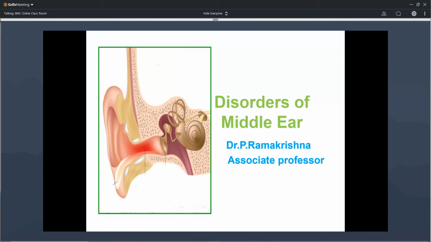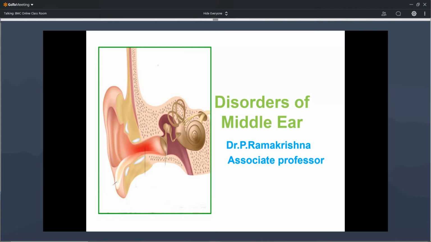Parts of the middle ear cleft. Mastoid air cells, tympanic cavity, epitympanum, hypotympanum.